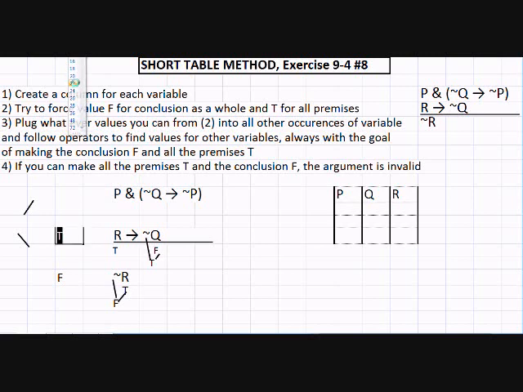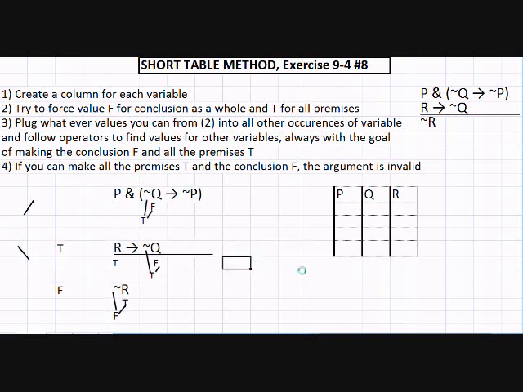Now, since I have given the value of F to Q, that value has to repeat itself for all the other occurrences of Q. And so in the first premise, I have to apply the value of F to Q as well. Since again, Q has been negated, we are then going to give it the resultant value.